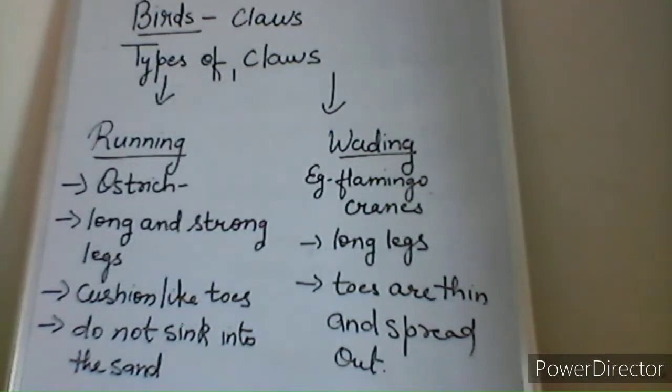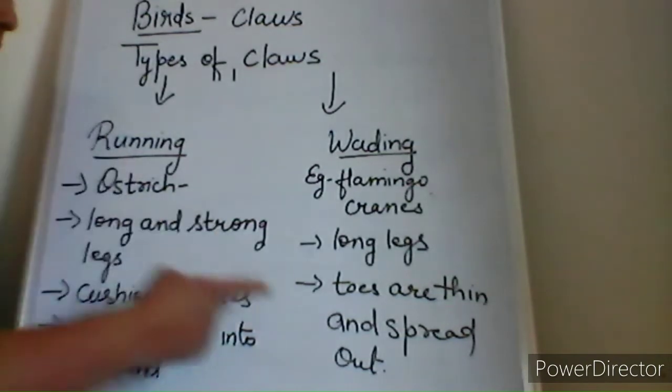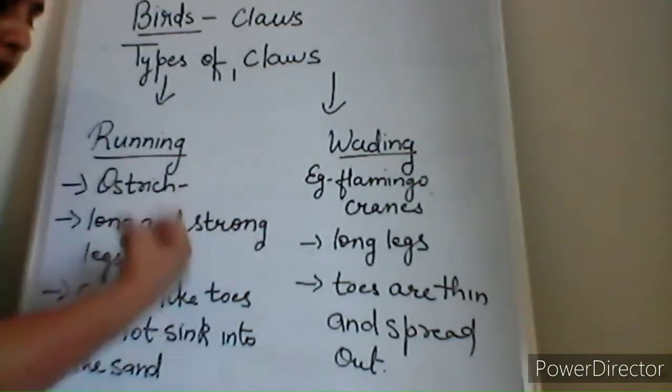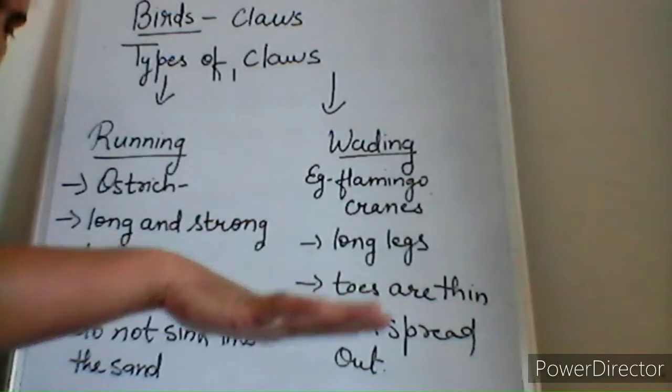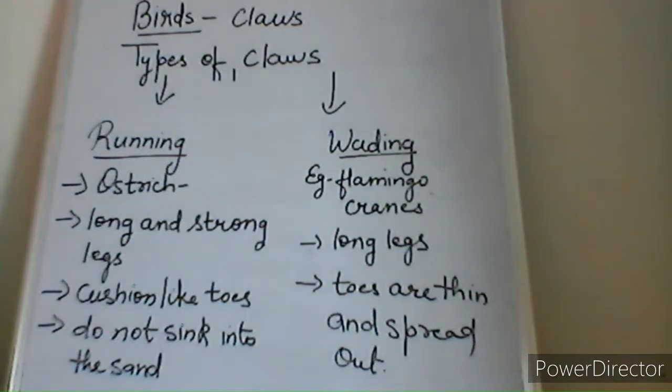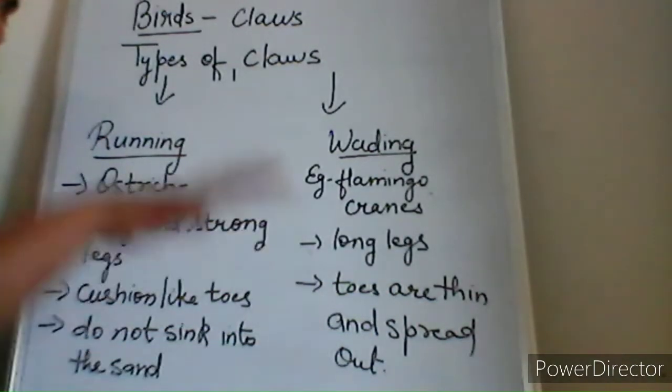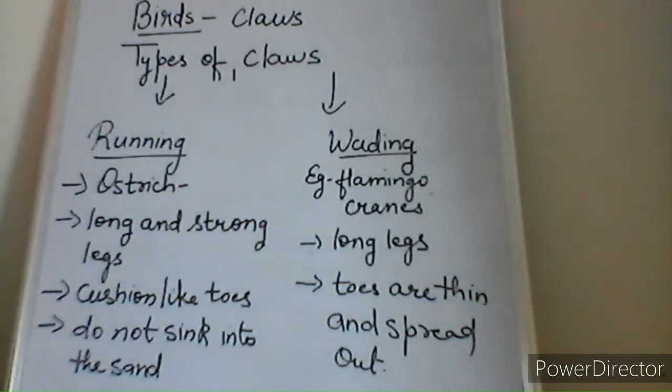Next is about wading birds. Flamingos, cranes and herons are wading birds. They have long legs with toes spread out. This helps to spread the bird's weight over a large area and allows it to wade through soft surfaces near the water's edge and catch fish.